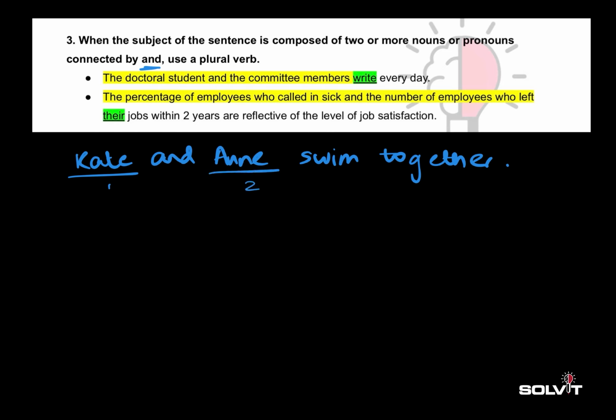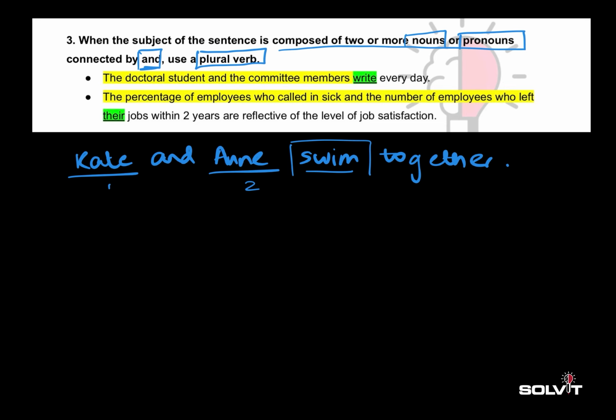So whenever the subject of the sentence is composed of two or more nouns or pronouns connected by the word "and," use a plural verb. All right, so what does this mean? That whenever our sentence has two or more subjects, we use the plural form of the verb.